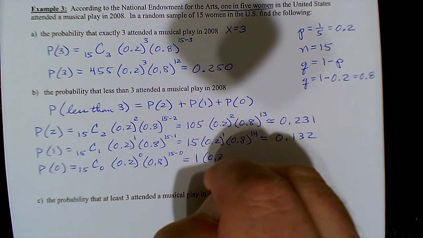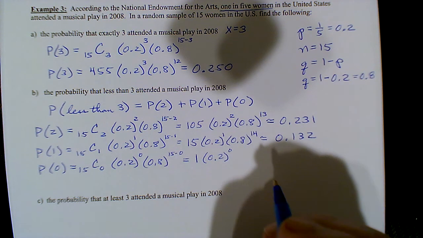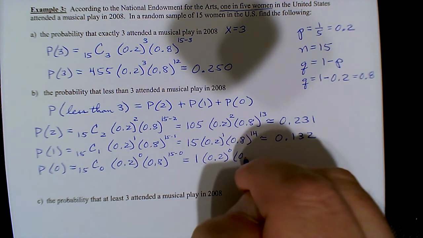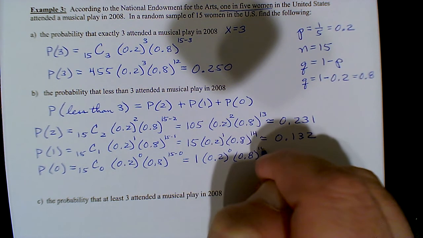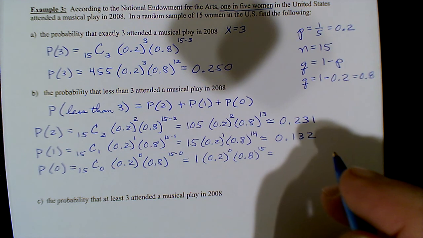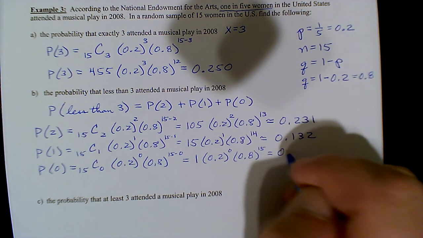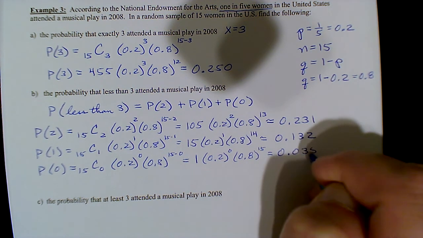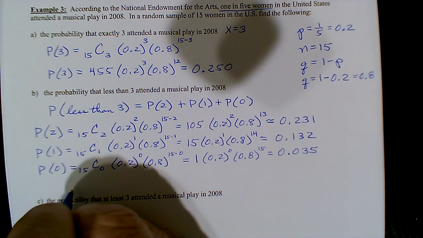That's also actually 1, but if you want to leave it in there, that's fine. And 0.8 to the 15th. And we get 0.035. And we'll leave it at that.